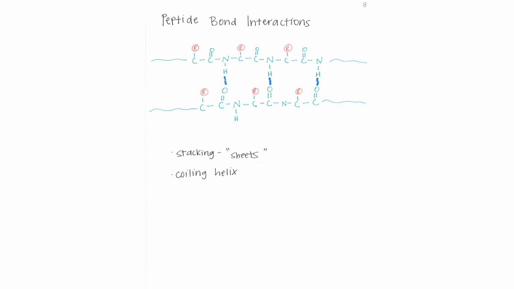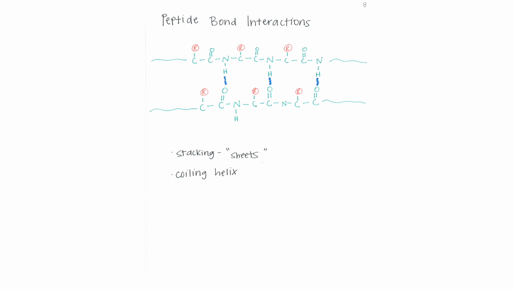And what happens is, if these things are brought into the proper position, then you can get hydrogen bonding between the peptide bonds. You can see that the double bonded oxygen will hydrogen bond with the hydrogen coming off of the nitrogen. So if you get a whole run of these happening, depending on the R groups, it can lead to different effects.